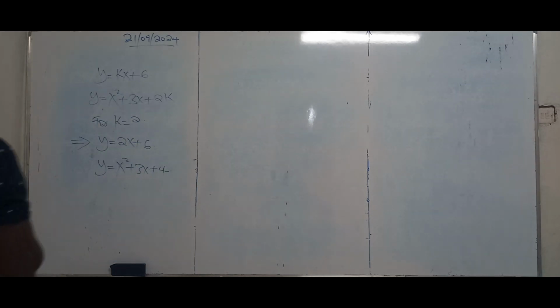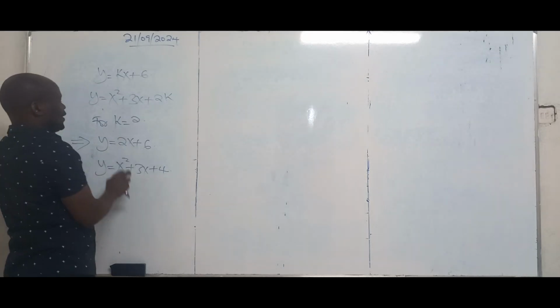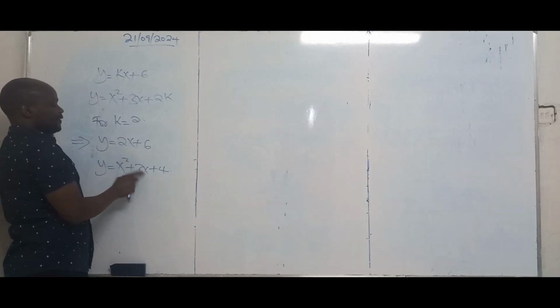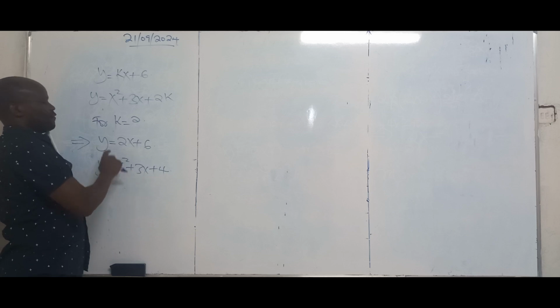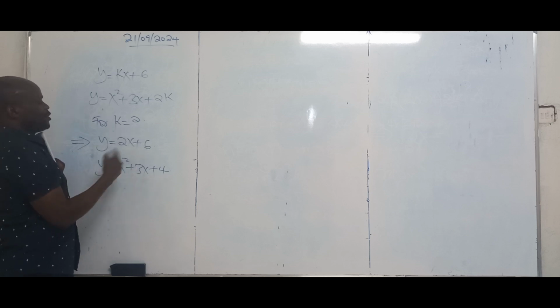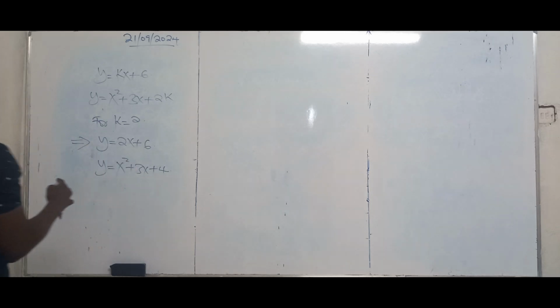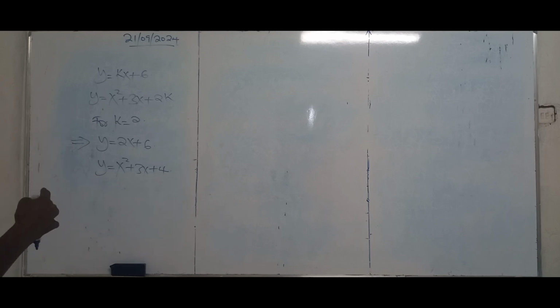And we are told that for that particular case, this line intersects this curve at 2 points, A and B. So first, it's prudent to find the two points.